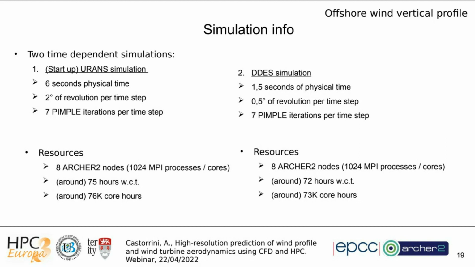And for the extension of the simulation with the hybrid model, that is about 1.5 seconds of physical time, with a very small time step of half a degree of revolution per time step, we get almost the same amount of time for running.